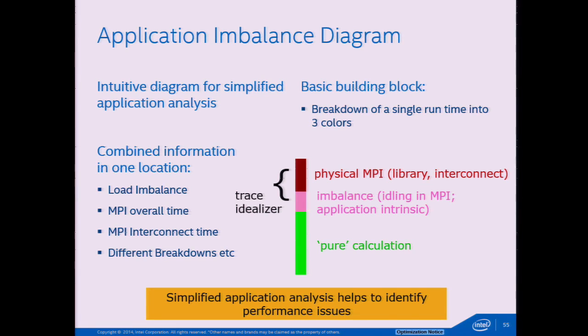You're forcing some of your ranks to idle in the application, so you need to look at your application and figure out if there's some reordering or rearranging you can do. The last section of the bar is pure calculation, nothing that's MPI related. The only way you can really reduce the calculation phase is by changing some of the algorithms you're using, I suppose, or maybe applying multi-threading, things like that.